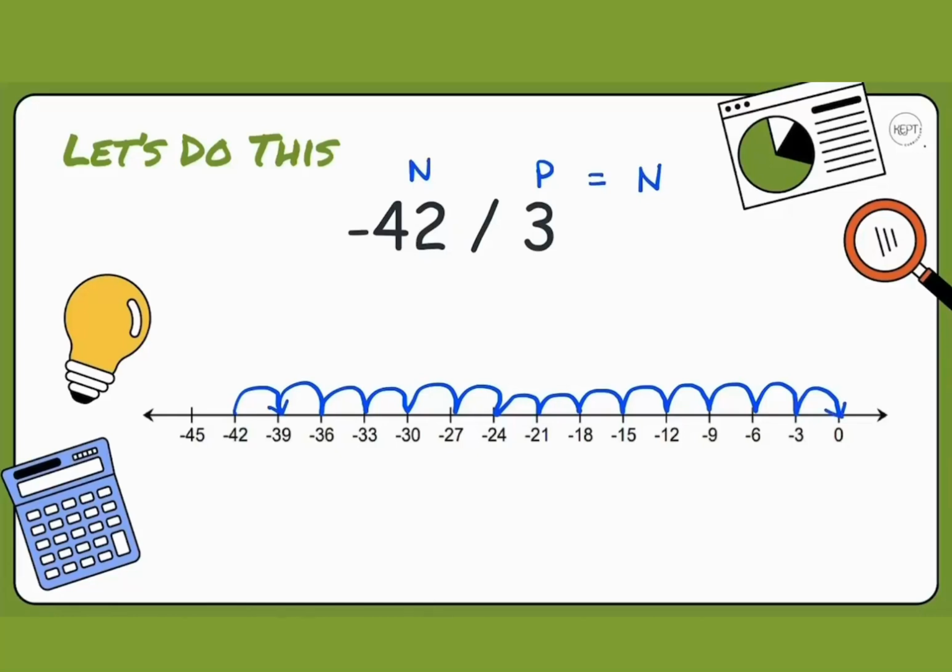Wow, that was 14 spaces in increments of 3 that we needed to jump to get back to 0. Negative 42 divided by a positive 3 is equal to a negative 14.